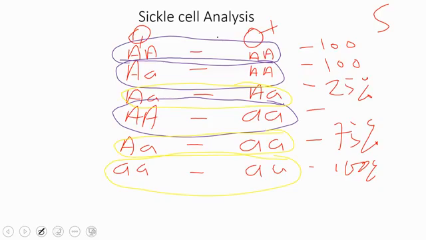Now, the only place where you find that people try to compromise is when the two of them, the man and the woman, are both carriers. So none of them is sickle cell, but each of them is carrying the sickle cell gene in them.